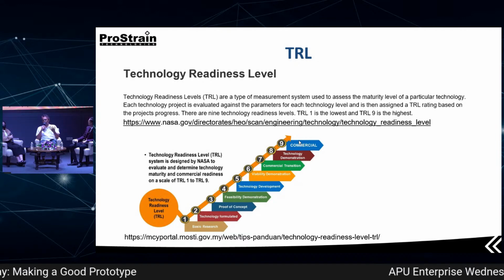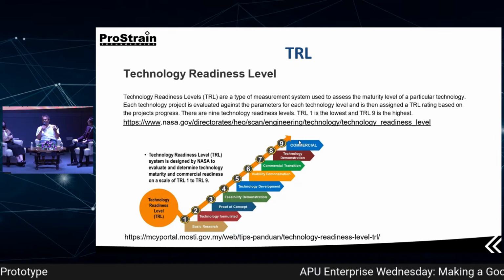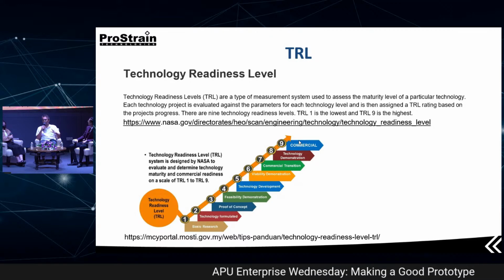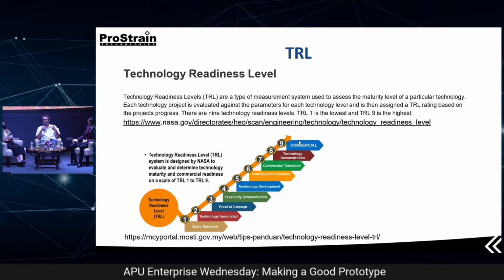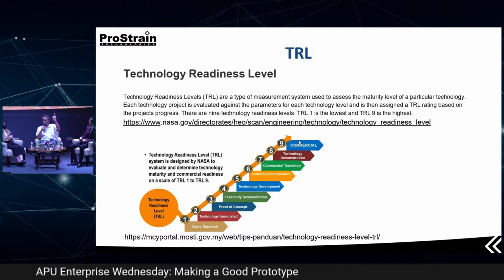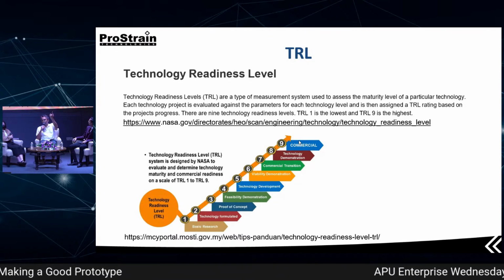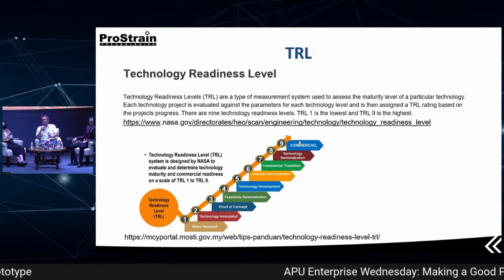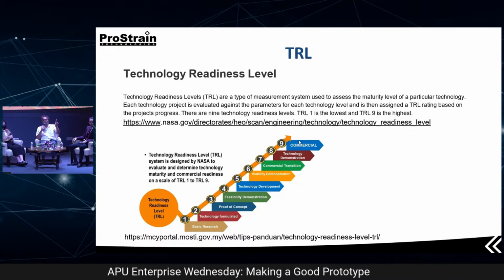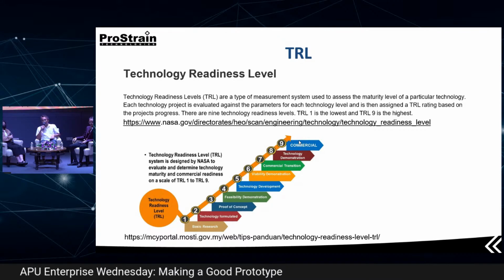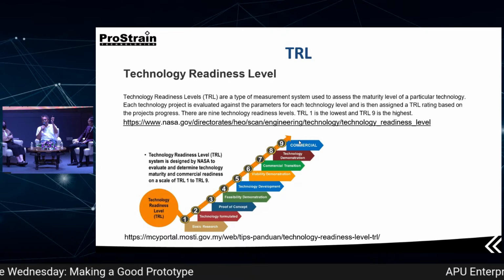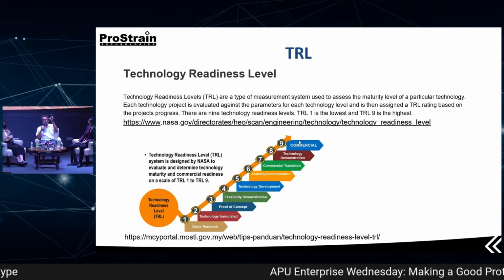I was told TRL was developed by NASA back then, because NASA is one of the pioneers in terms of technology, because they wanted to go to space. Whatever we have here cannot work in space, so they had to make new technology. So they defined TRL 1 to TRL 9. A prototype is defined in terms of TRL.